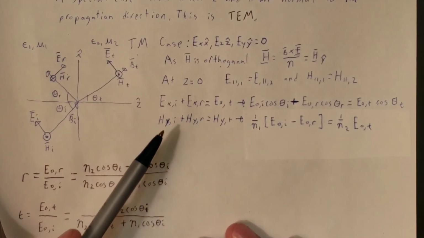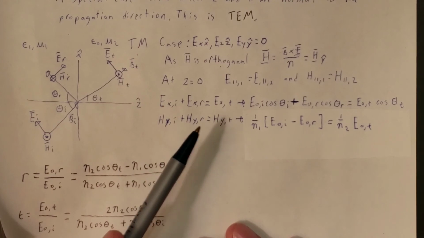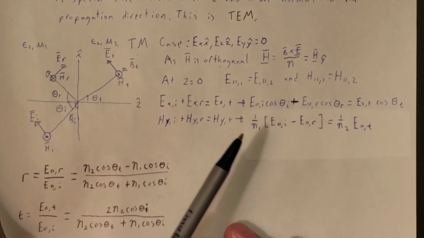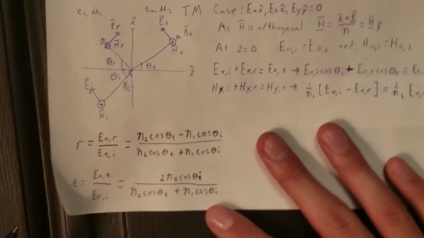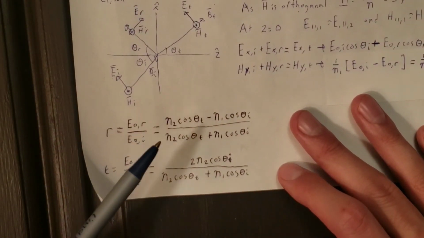The magnetic field equation is going to be the same as for the normal incidence reflection.